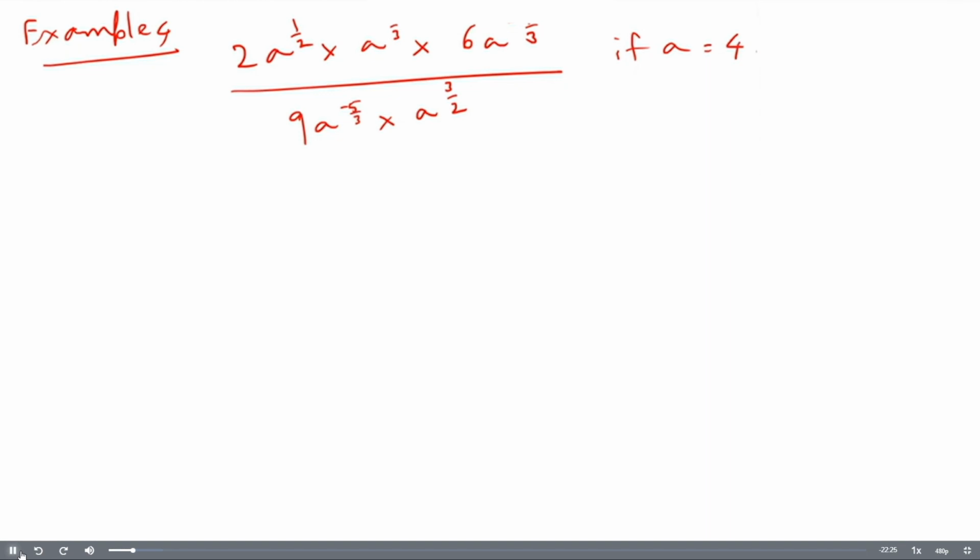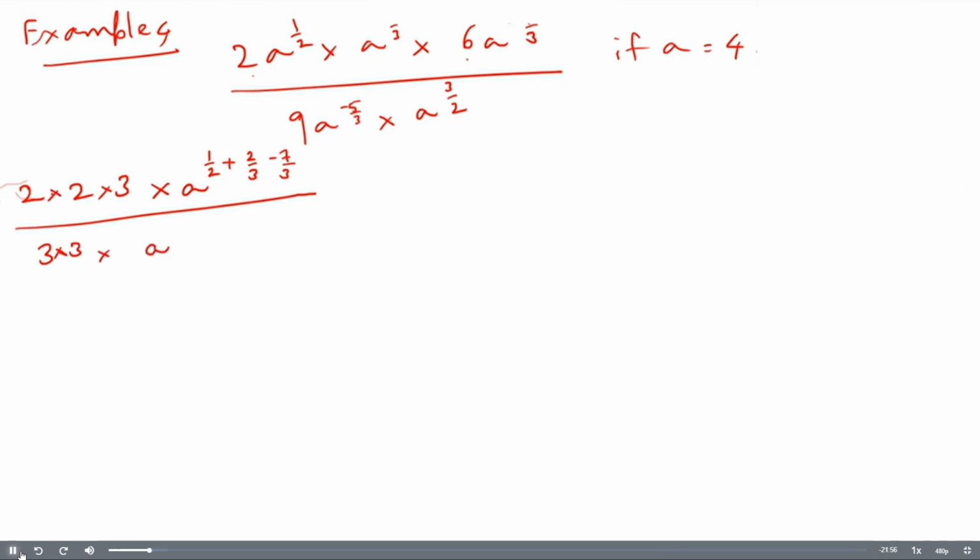What we can do is bring these numbers together, this 6 and this 2. We can write 6 as 2 into 3, into a to the power 1 by 2 plus 2 by 3 minus 7 by 3, since the common base is there, divided by 3 into 3 into a to the power minus 5 by 3 plus 3 by 2.